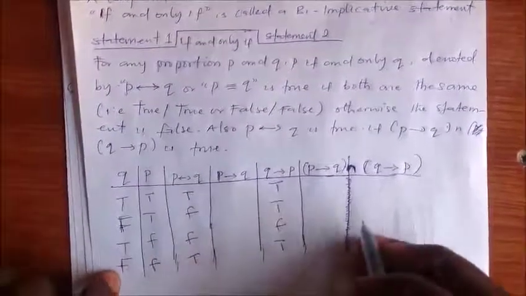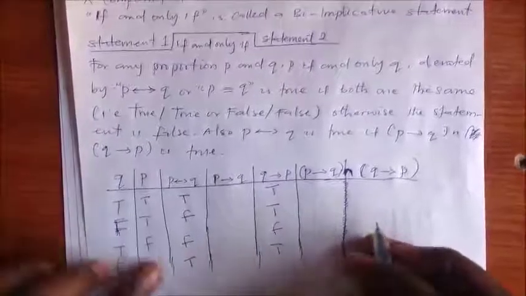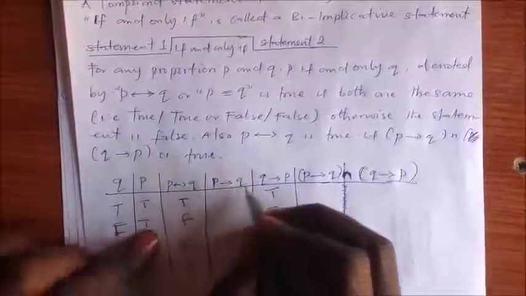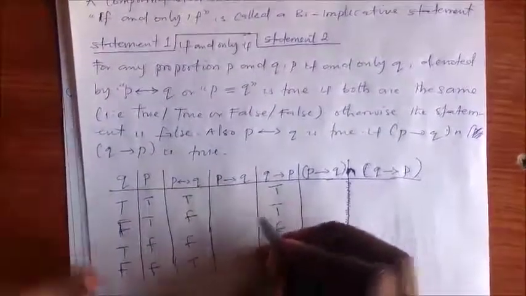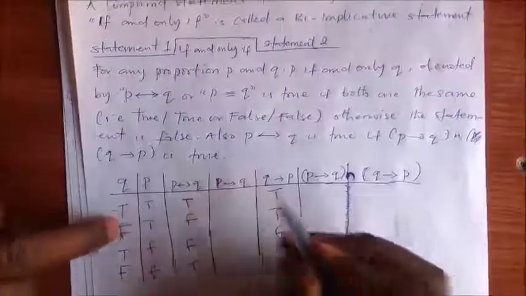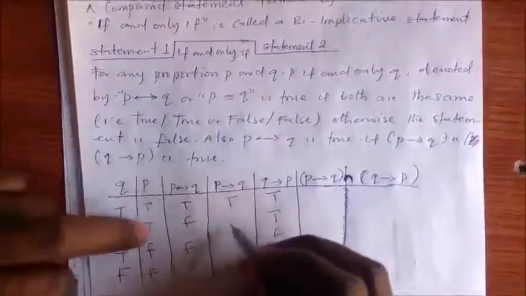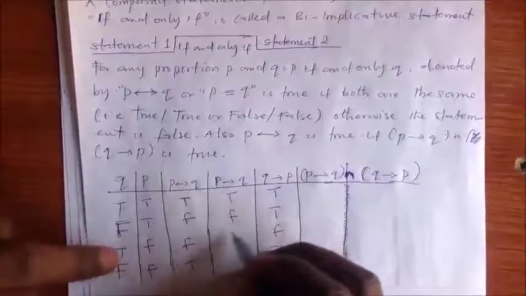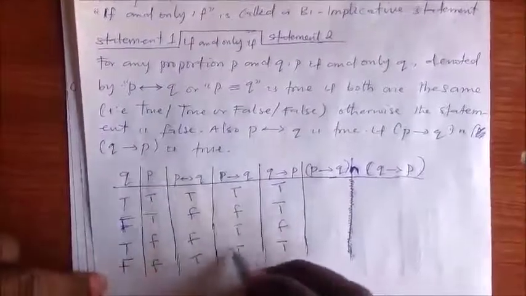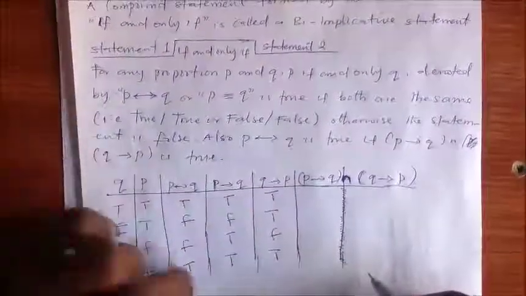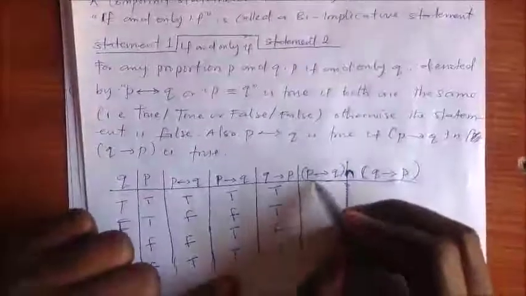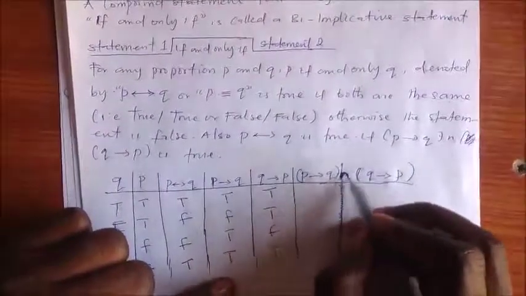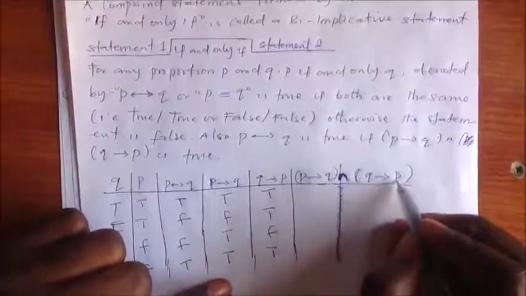That's according to the implicative statement. Then we have P implies Q. Now we consider the Q column and work out Q implies P the same way. So then we have P implies Q and Q implies P.